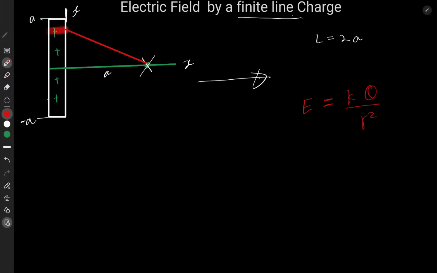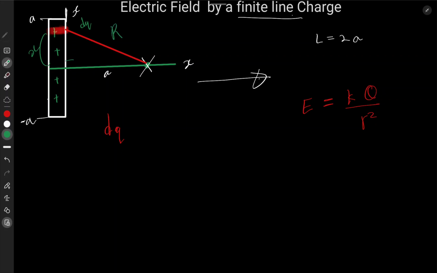So let me just call it dq. It is x distance, and this hypotenuse, let me just call it r.